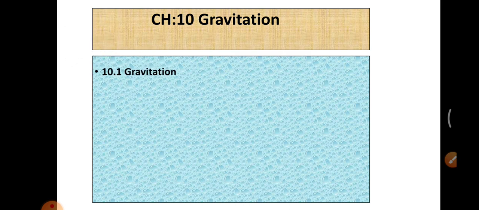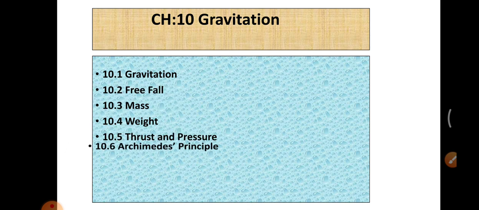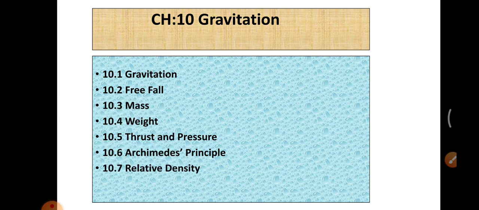This chapter contains 7 topics: 10.1 Gravitation, 10.2 Free Fall, 10.3 Mass, 10.4 Weight, 10.5 Thrust and Pressure, 10.6 Archimedes Principle, 10.7 Relative Density.